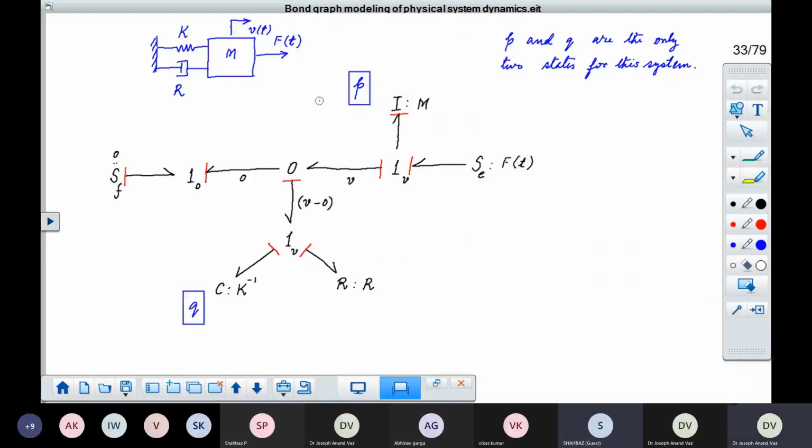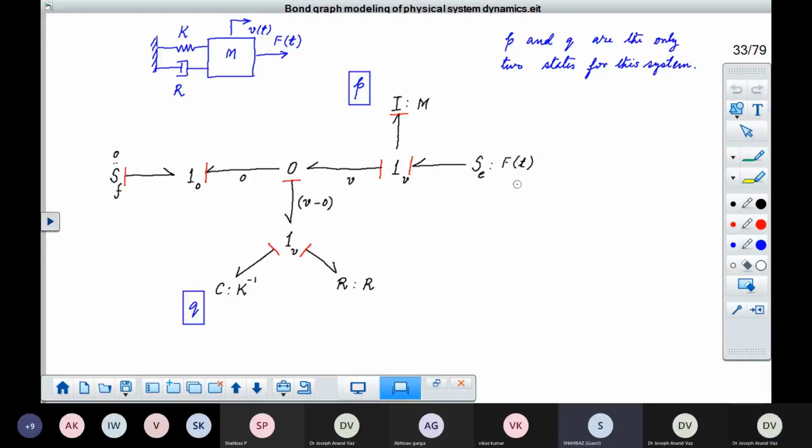Now, there is a force F acting on this. It moves with the same velocity as the mass. So we connect a bond to this one junction and model this force as a source of effort with value F of t.